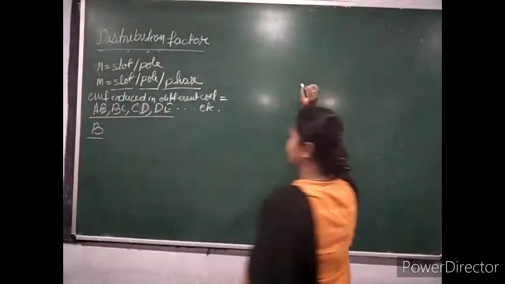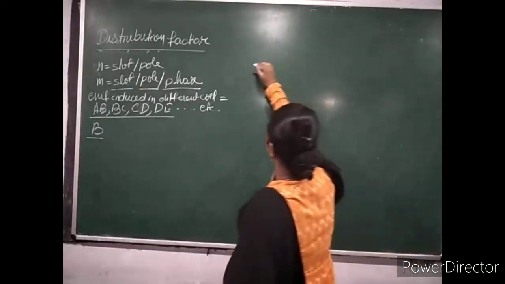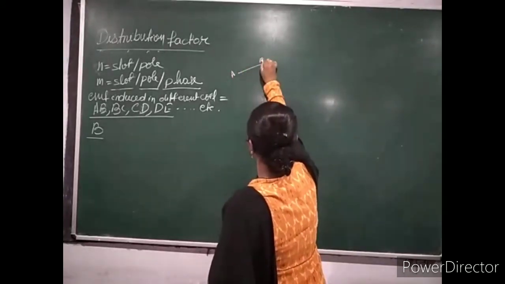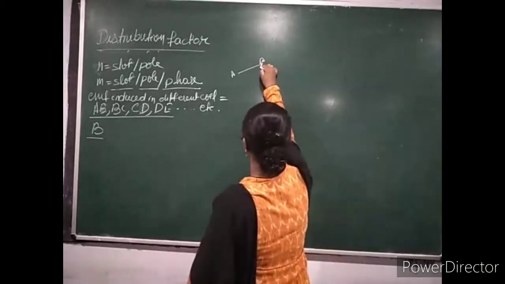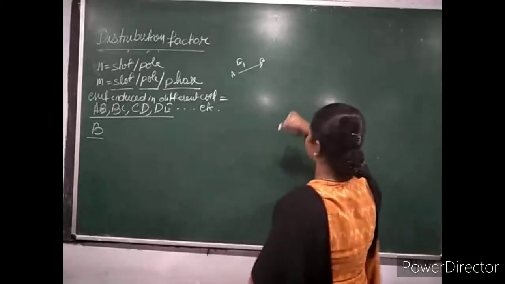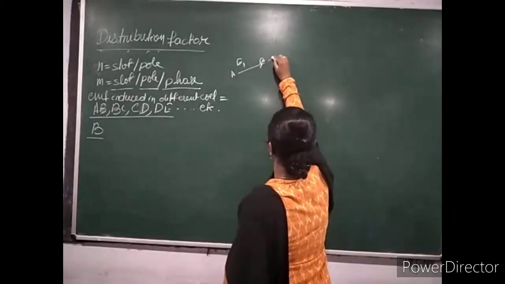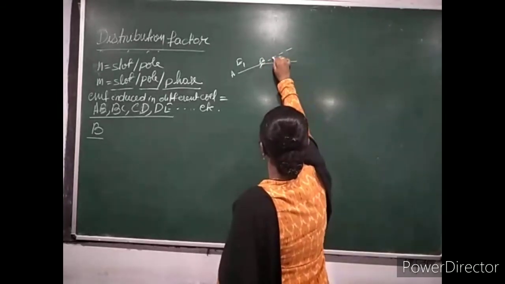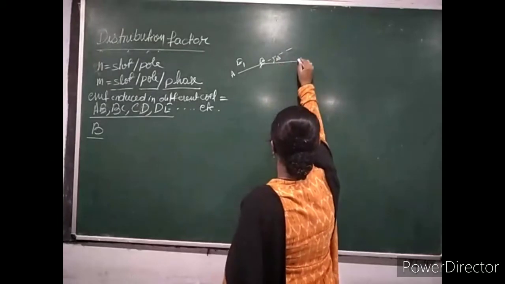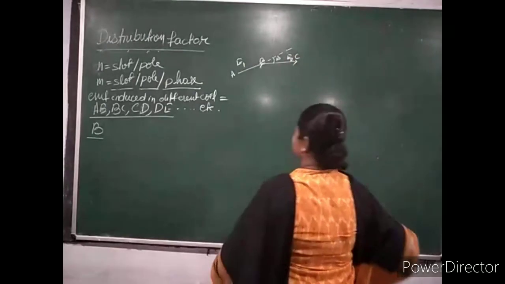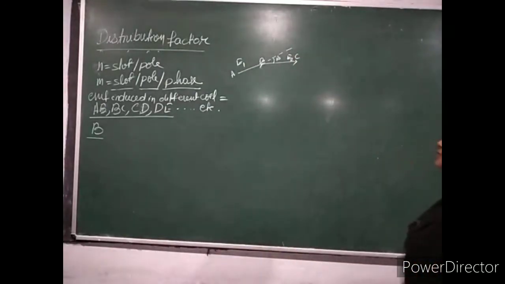So first I take, let this one in one coil, the EMF induced, this is the AB coil, the EMF induced is E1. Okay, and at a phase difference of beta, let another EMF BC having the voltage E2 be induced in the next coil in the distributed winding.